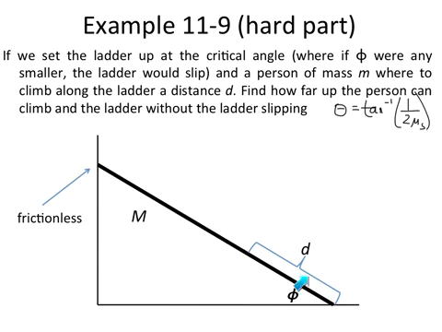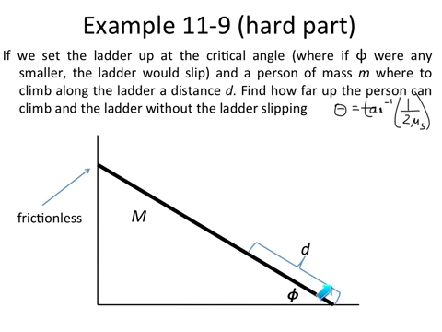A person is walking up this ladder. This ladder is at the minimum angle, all right, and a person is trying to walk up some distance right there. They're going to be walking up distance d. And so the question is, how far up is d? How far up can they walk such that the ladder actually still remains where it is?